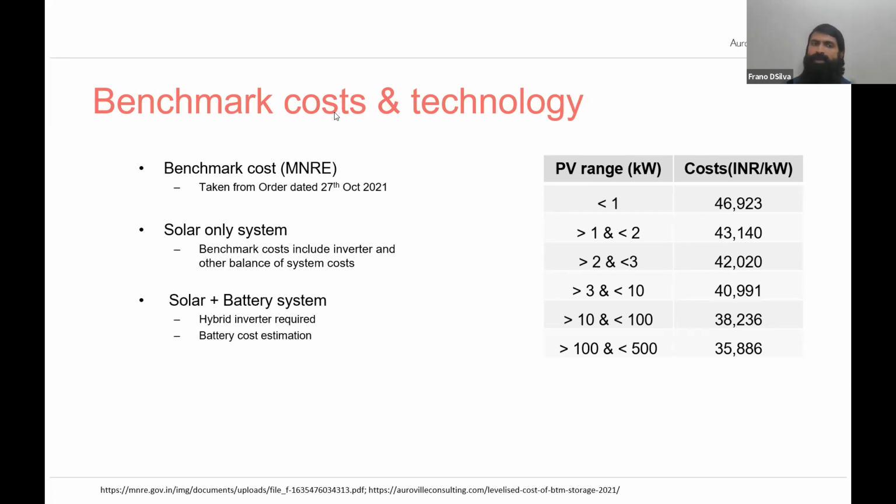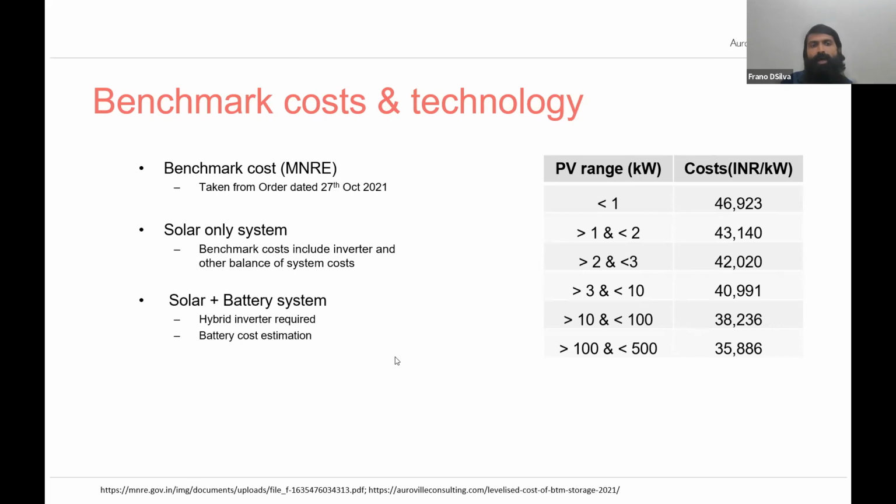Now, these benchmark costs were released by the MNRE, and these costs can be taken as an initial suggestion to design your rooftop solar systems. However, these are just suggestive costs for your PV capacities, and you could take into consideration the recent financial cost for the PV capacity or an alternative cost which seems more appropriate for your application.